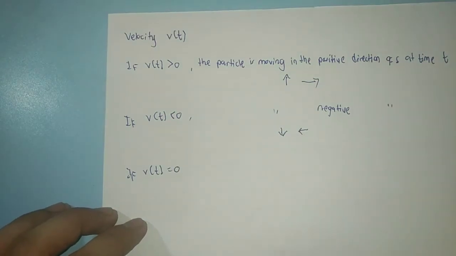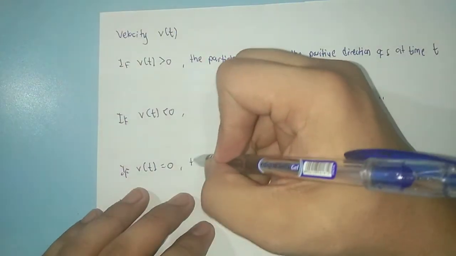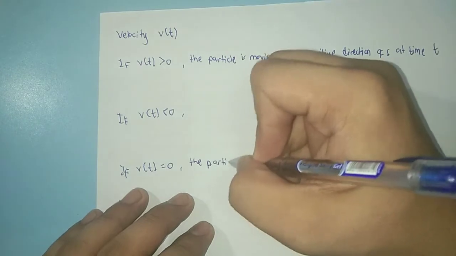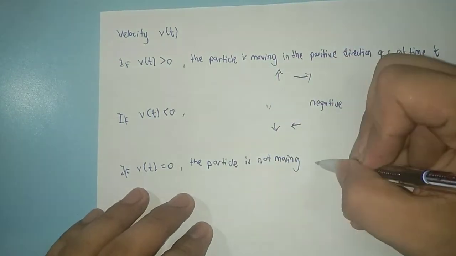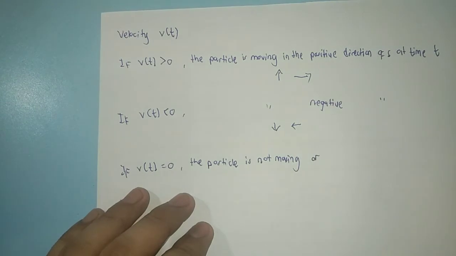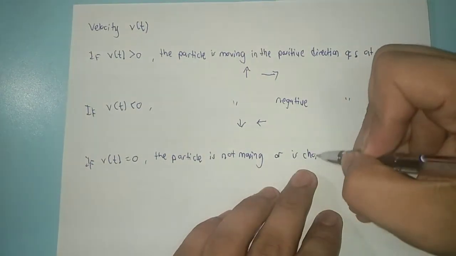May dalawang possible na mangyari. It's either nag-stop sa pag-move yung particle, or the particle is not moving, or nagbago ng direction yung ating particle, or is changing direction at time t.